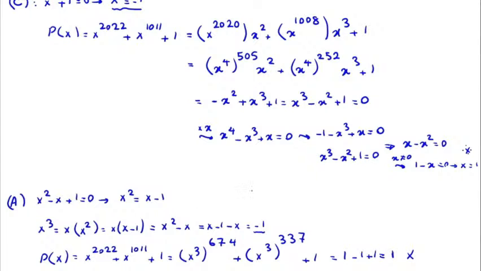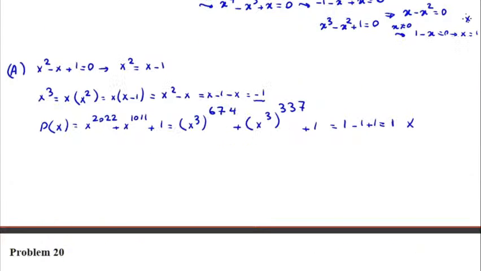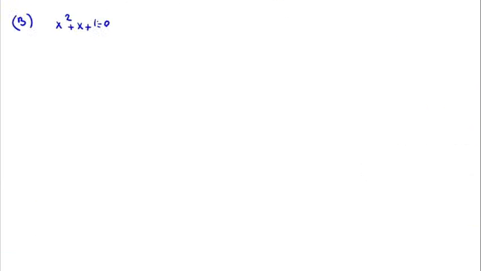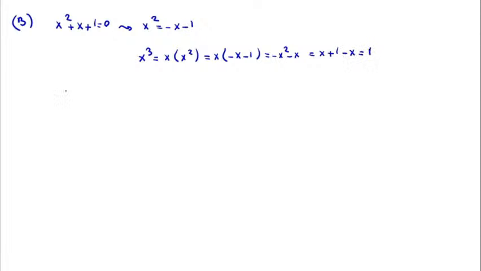B is x squared plus x plus 1. So you calculate x squared equals negative x minus 1. Now, if we want to calculate x cubed, it will be x times x squared. Instead of x squared, we write negative x minus 1, which will be negative x squared minus x. Negative x squared will be x plus 1 by using this, minus x will be 1.